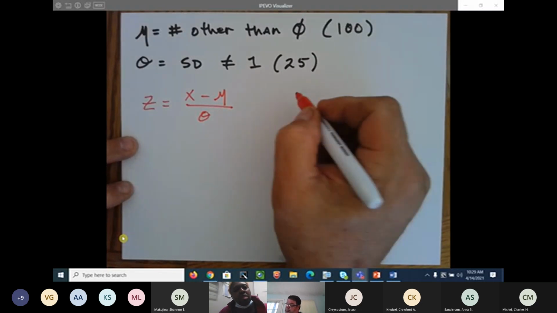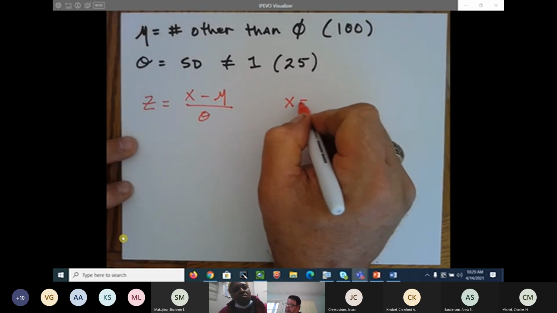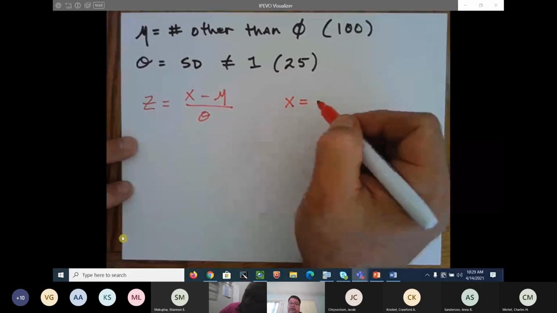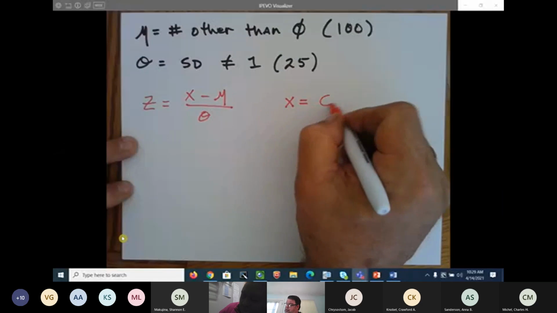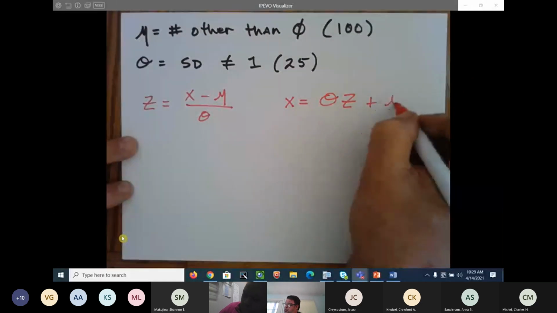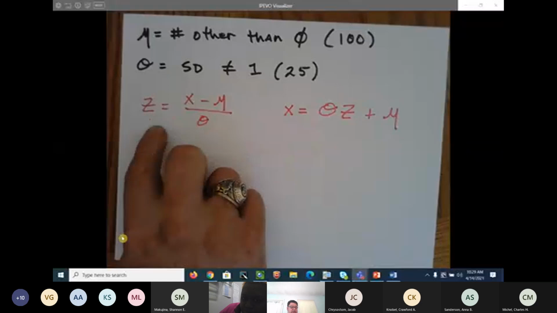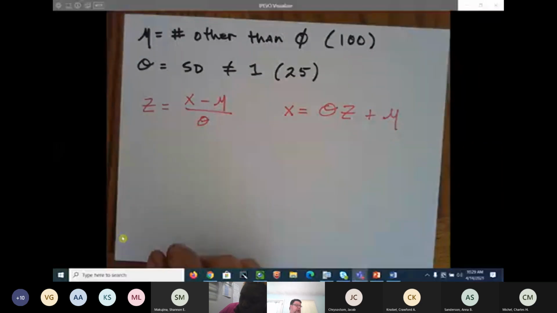And you need to know how to make a z-score into a test score, which is x is equal to z times the standard deviation plus mu. You'll understand that when we actually do a question.